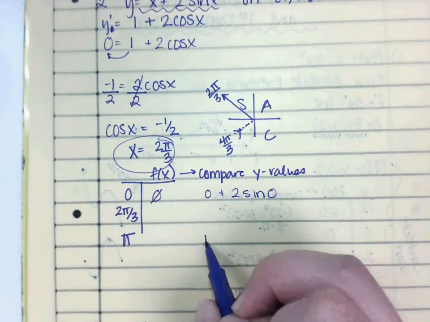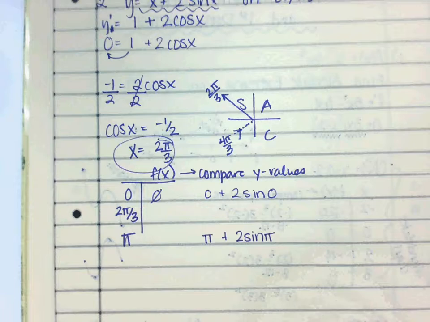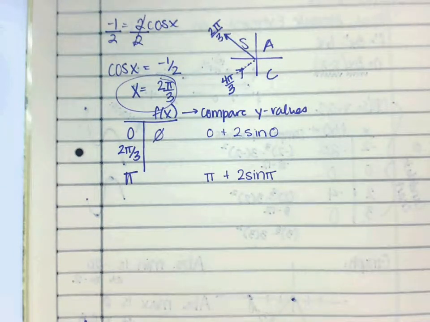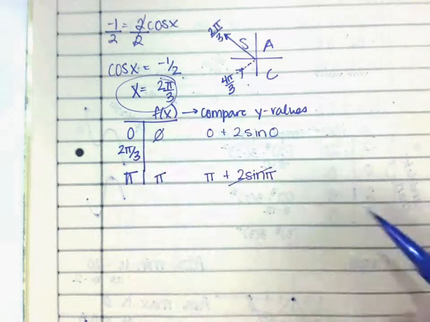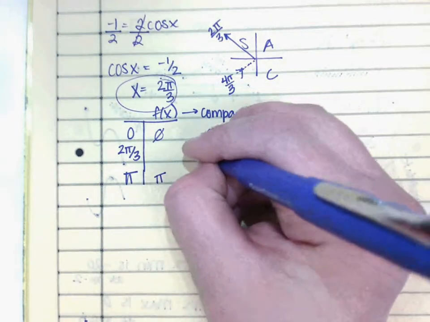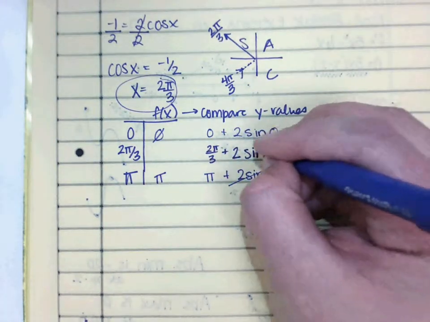So I'm going to have pi plus 2 sine pi. What's the sine of pi? 0. So this is 0. Is the whole thing 0? I'm adding a pi to it, so it would have been pi. Okay, next we need 2 pi thirds. So it's 2 pi thirds plus 2 sine 2 pi thirds.